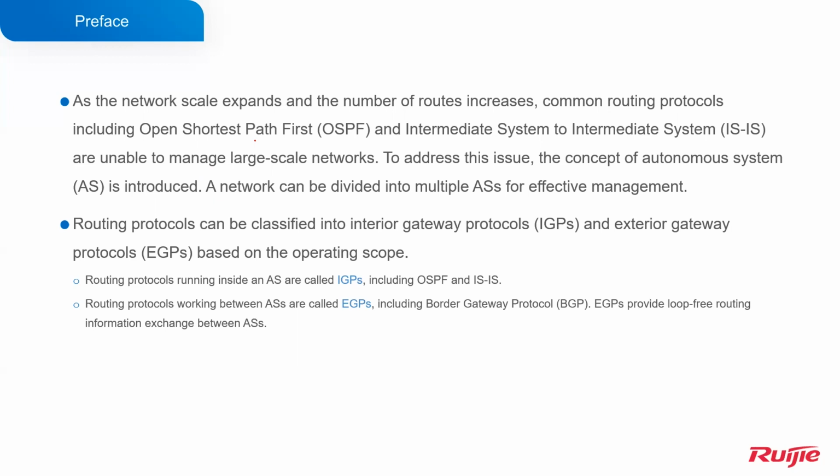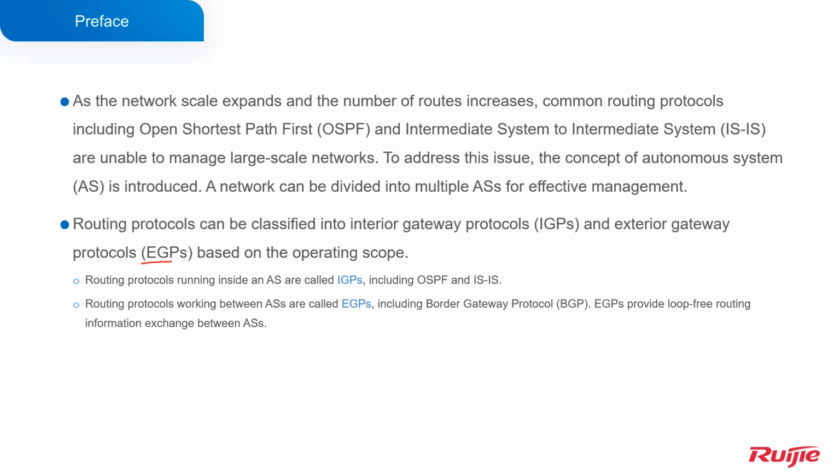So in this scenario, if we want to do communication between different autonomous systems, we suggest using a new protocol, which belongs to the EGP, Exterior Gateway Protocols. And for the EGP, we only have one protocol now.